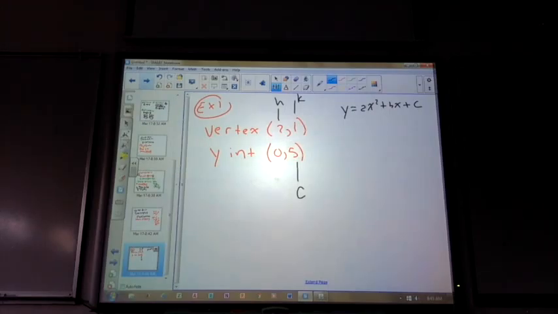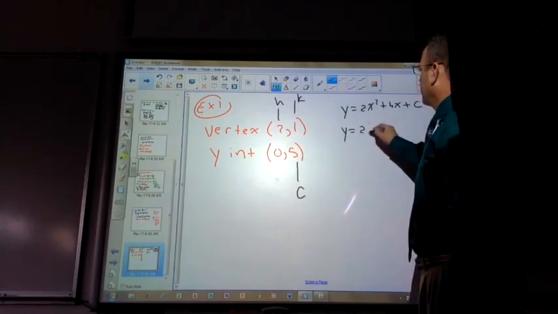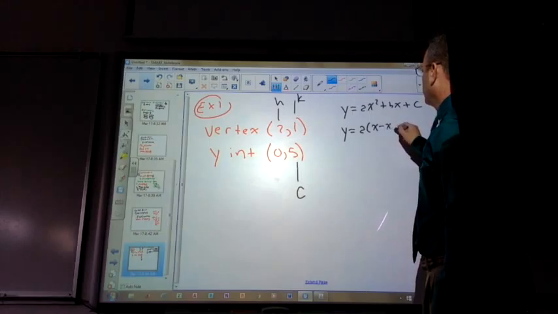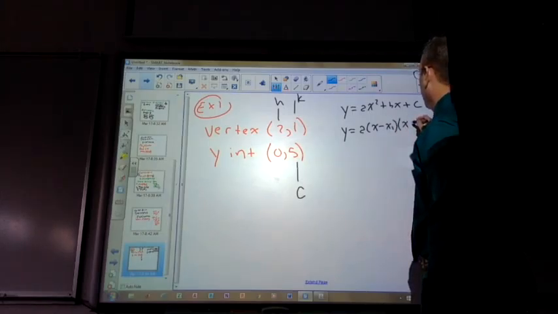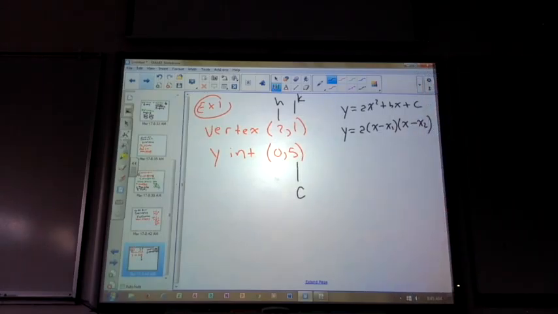Does that look like a good equation if I can only find the c value to find everything else? No, let's not do that one. If I do the intercept form, I don't know if that's going to get us anything.